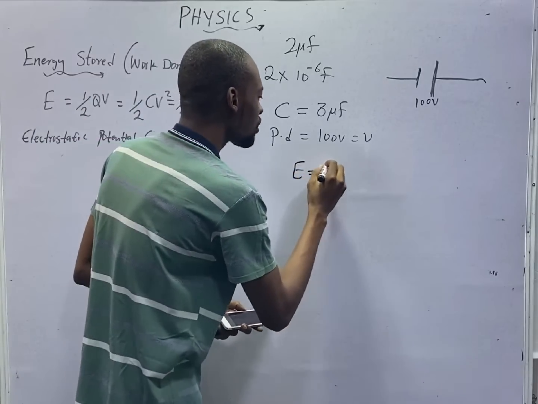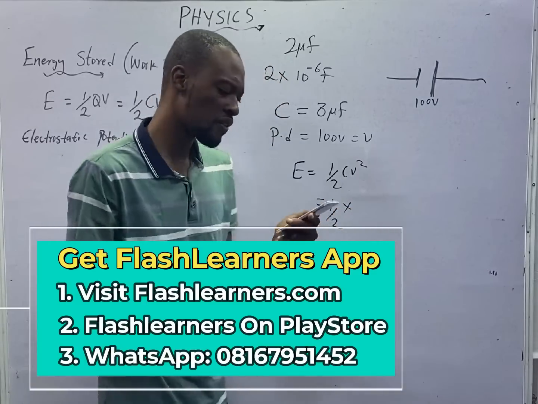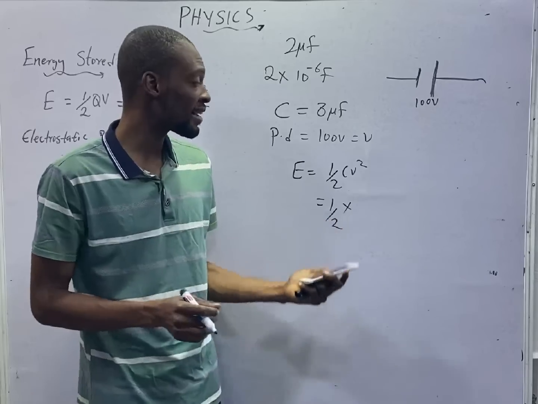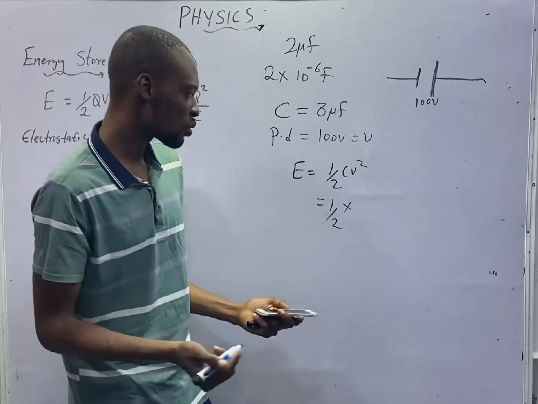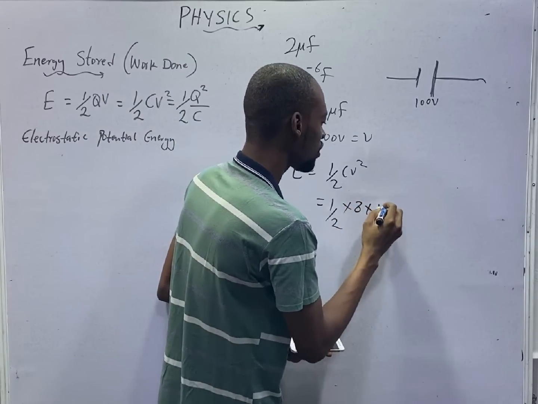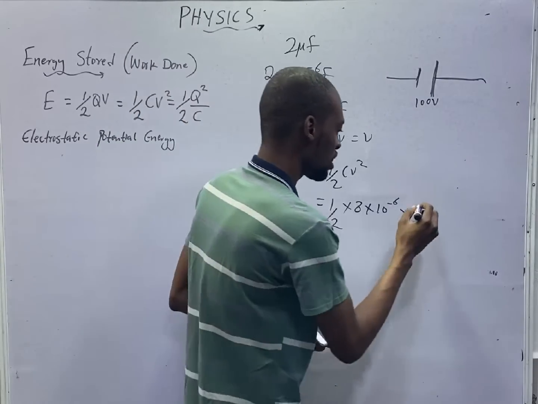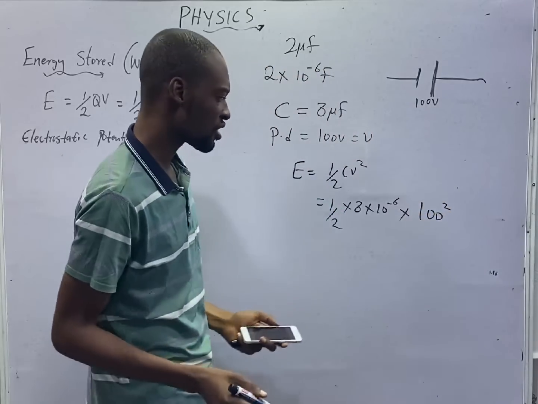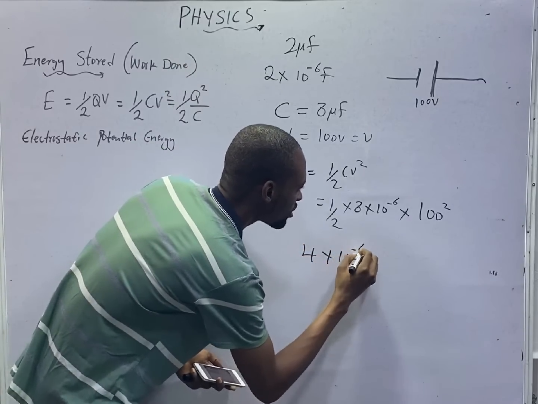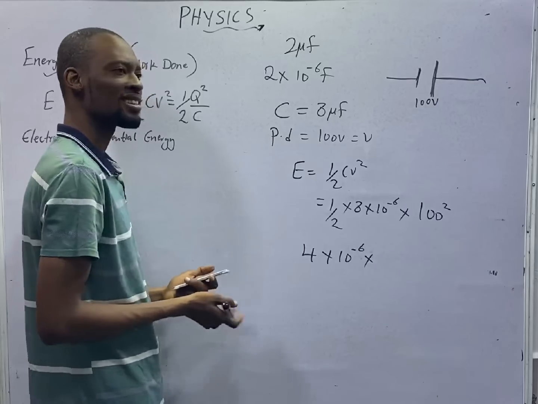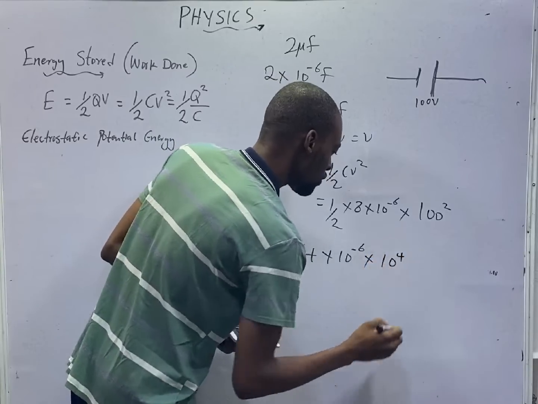So E equals half CV squared, that is 1 over 2 times, and don't forget, I said you must always convert your C to farad by multiplying by 10 to the power of minus 6, to have 8 times 10 to the power of minus 6 times voltage squared, that is 100 squared. 8 divided by 2 is 4. 4 times 10 to the power of minus 6 times 100 squared, that is 10,000, and 10,000 is 10 raised to the power of 4. So times 10 to the power of 4.